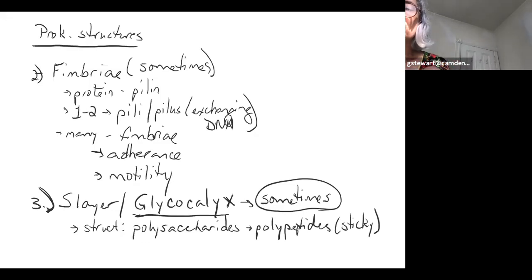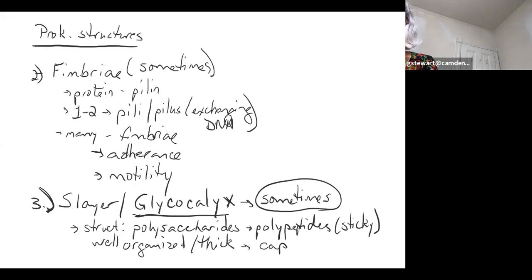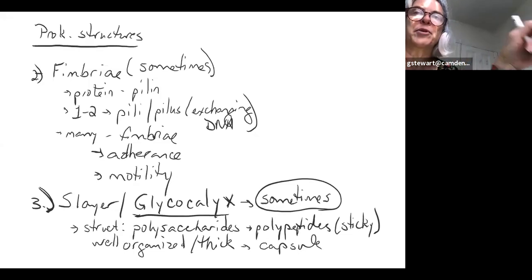If it is present all the time and we say well organized, and I would add thick to that, then we refer to it as a capsule. Most bacteria that are respiratory bacteria have a capsule because it's difficult for the organisms to stick.